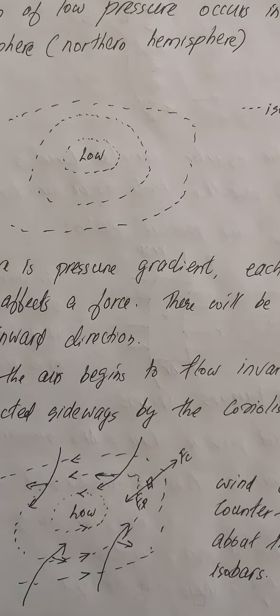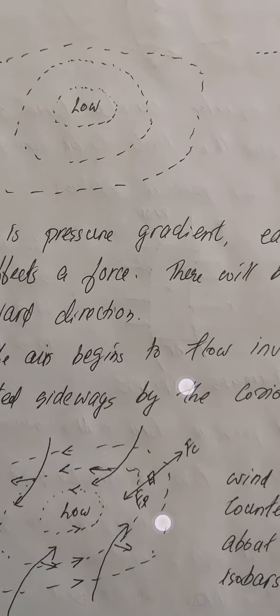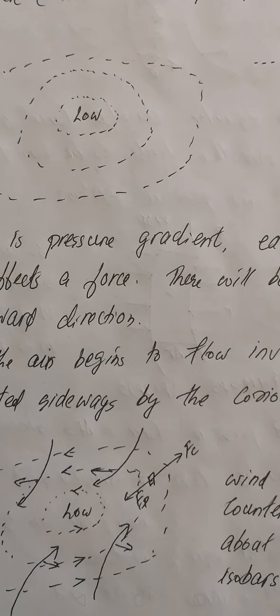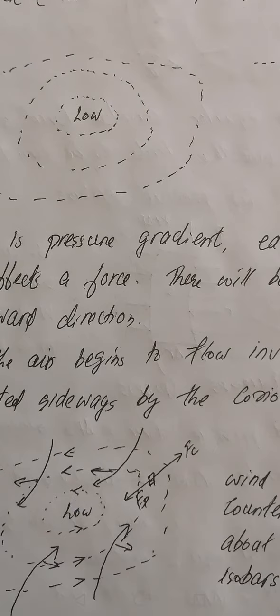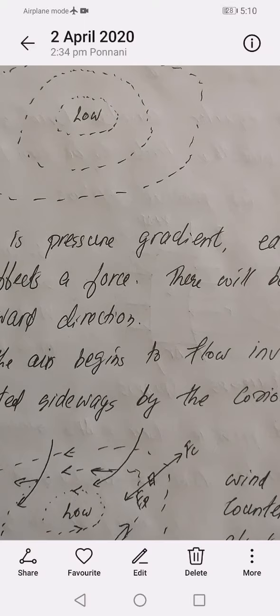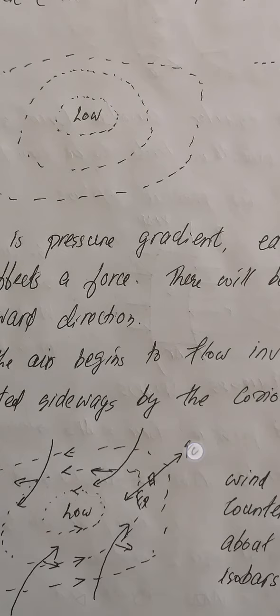On this side wind flows towards the low pressure region, so it will be deflected towards the left. Here also it is deflected towards the left, but the lower region is deflected towards the right.